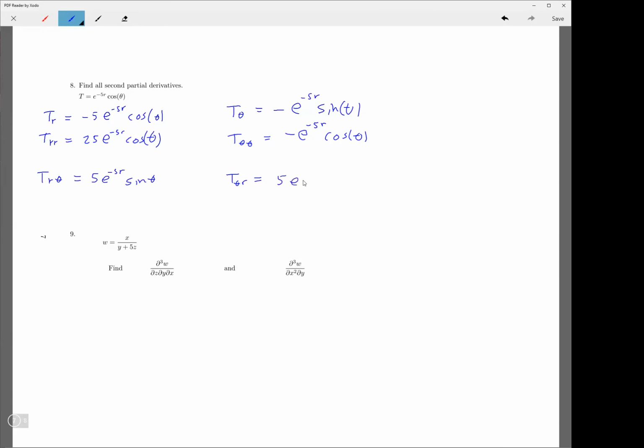So that's going to be 5 e to the negative 5r sine theta. Notice that these are the same. That's typically going to be the case if all functions are continuous, then there's a theorem that says that these are going to be the same. So t r theta equals t theta r. It doesn't matter the order usually, you're going to get the same answer either way.